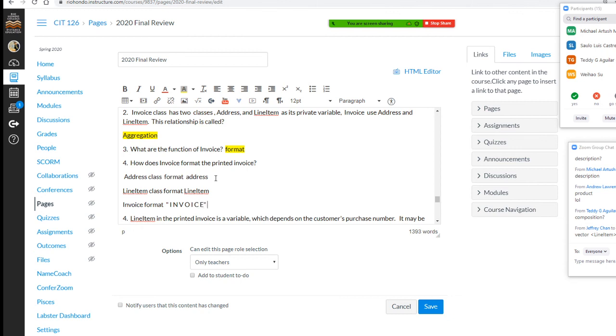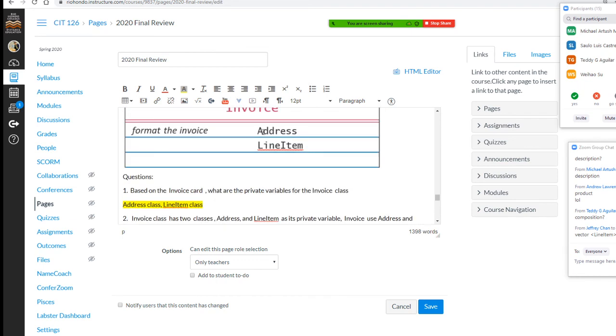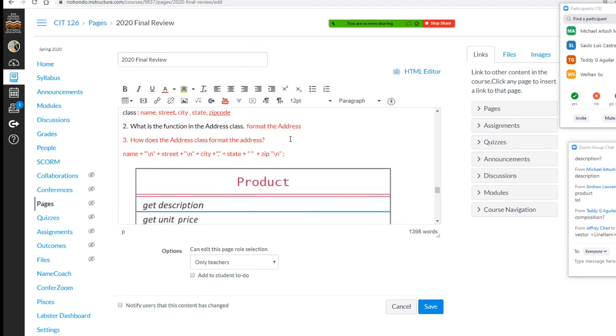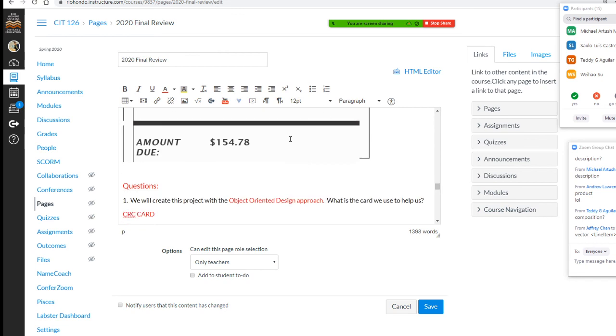Format the line item plus address plus line item, then plus the what? Total due. What's that? Amount due.